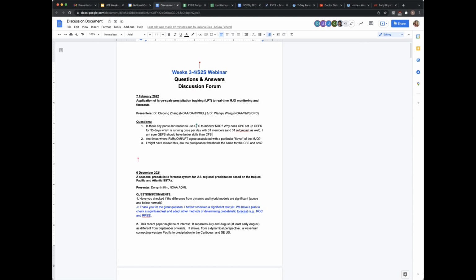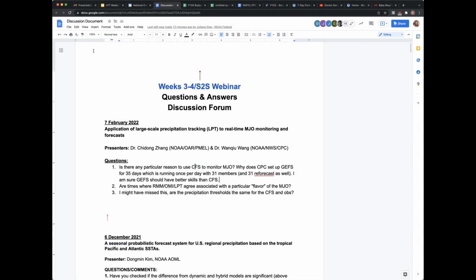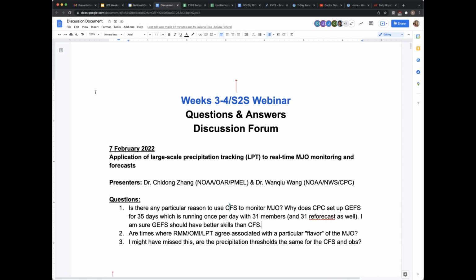We can produce the tracking from each member, and we can also calculate tracking density, and produce probability forecasts. Another thing we can add is, in addition to CFS, we have GEFS 12, which may also have good scale for MJO forecast if we use a multimodel ensemble.